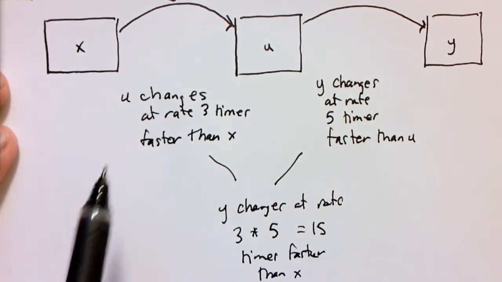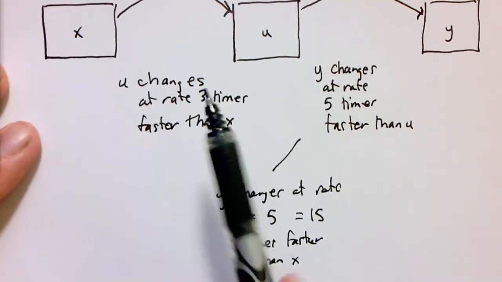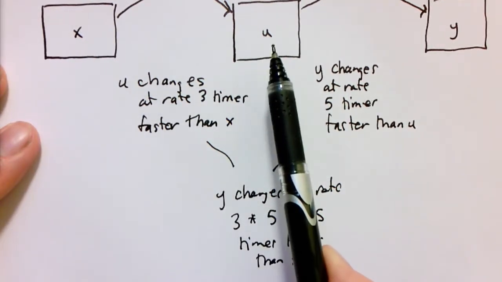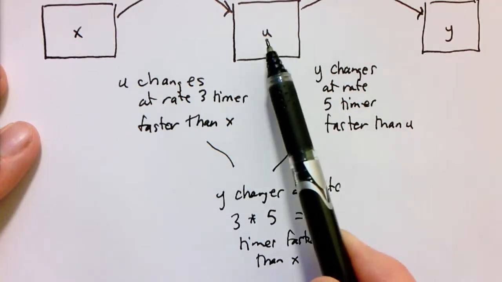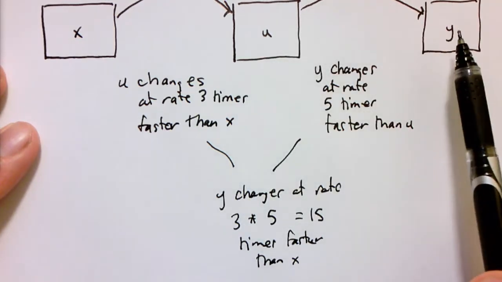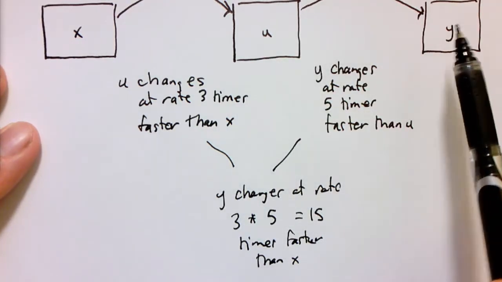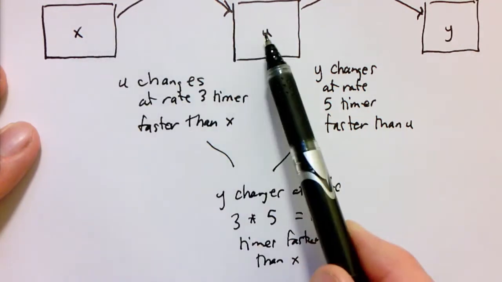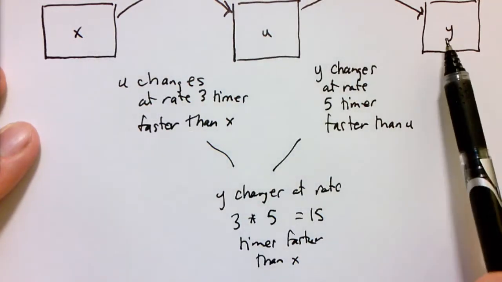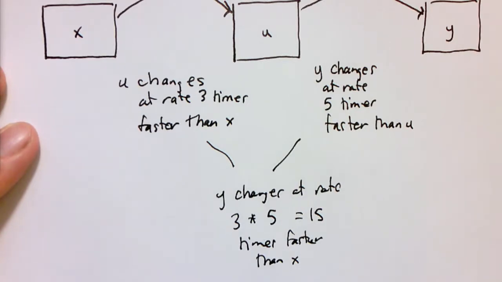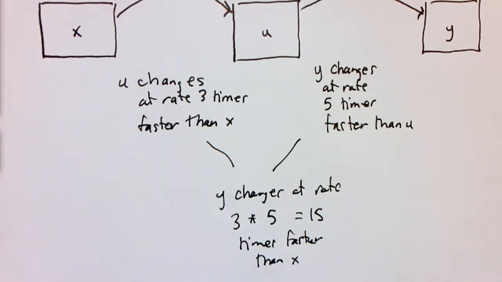So for every unit change in x, I get 3 changes in u. And for each change in u, I get 5 changes in y. So for 1 goes to 3, those 3 get multiplied by 5 to give 15. That's the chain rule. All right, let's see it in terms of symbols here.